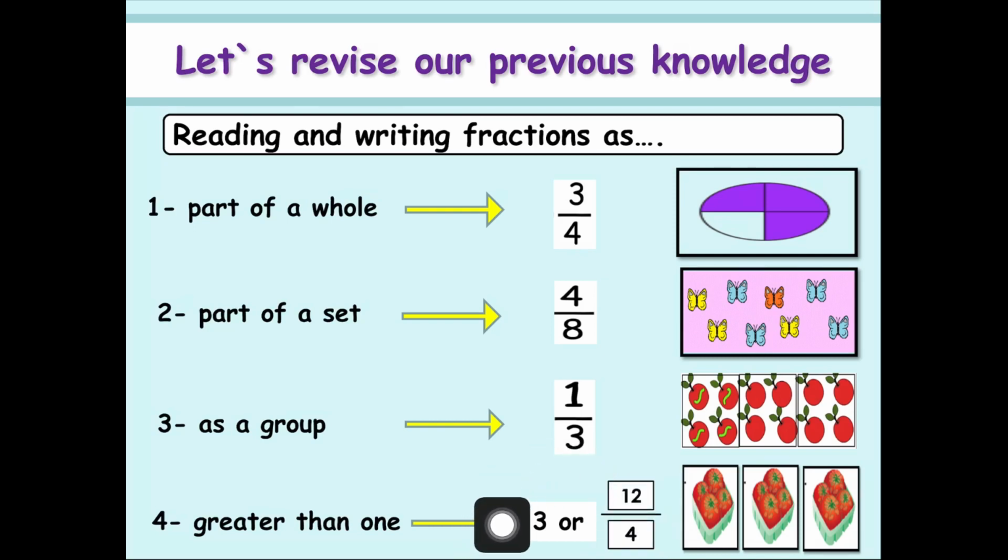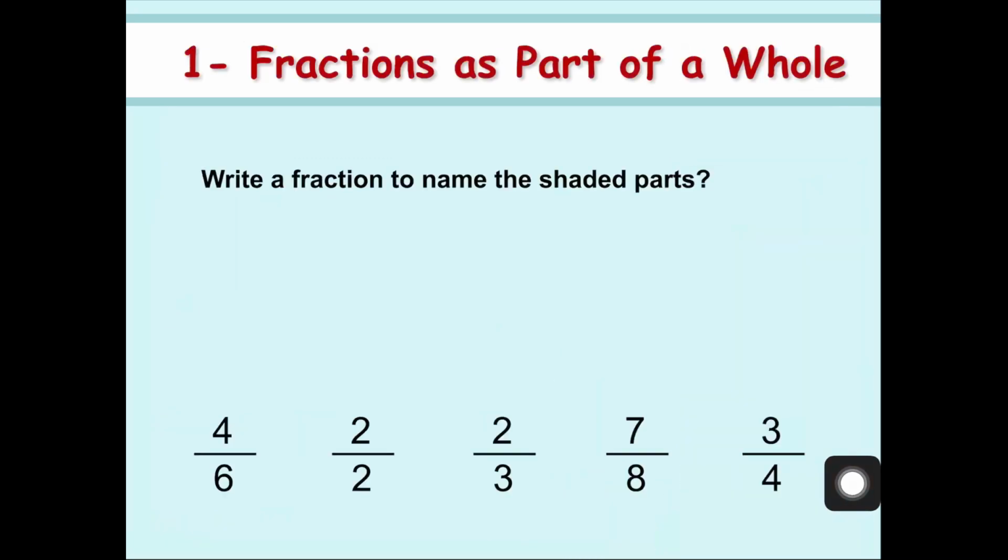So I can say I have 3 full boxes, or I can count the number of tomatoes and then put it over how many are in each group. So my total number of tomatoes is 12, and each group has 4 inside, so my fraction will be 12/4. So I can use numbers greater than 1, or I can use a fraction like this.